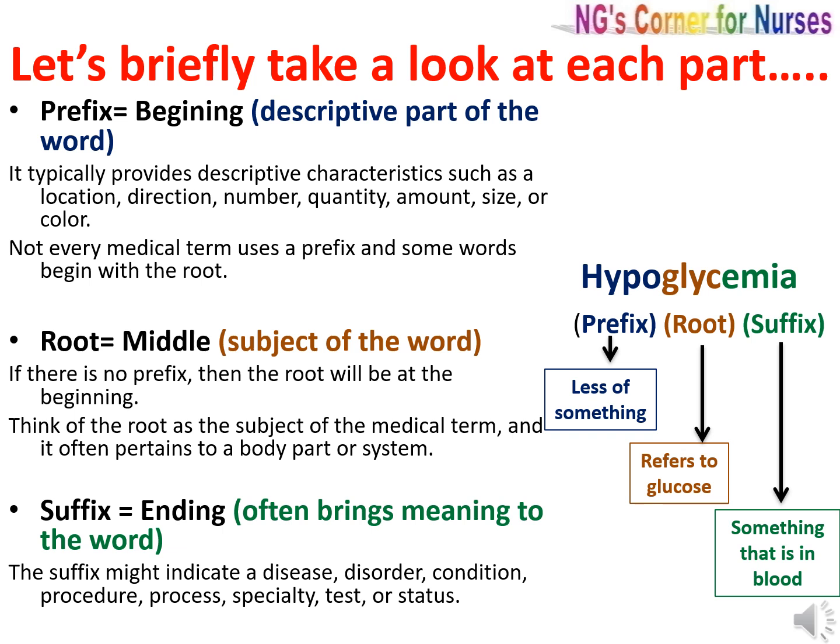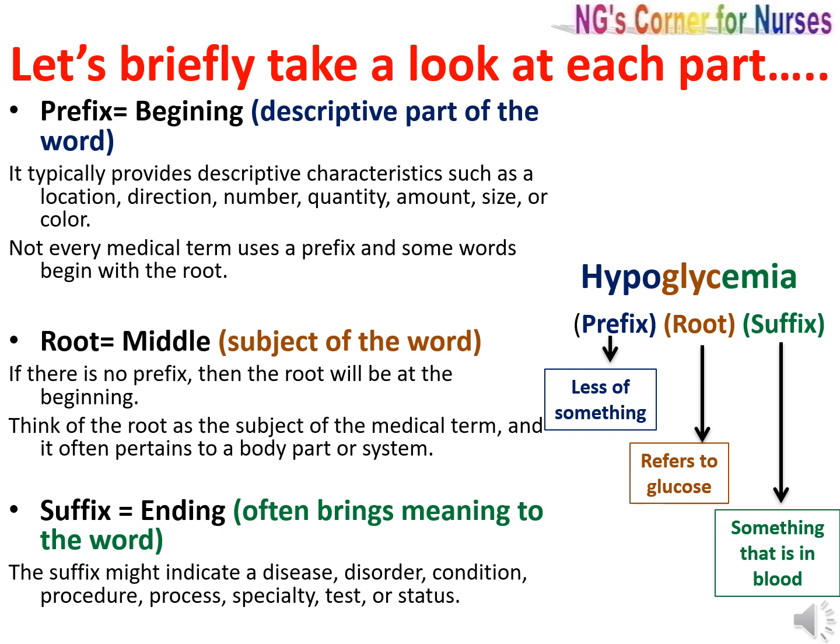The first part is the prefix. It is the beginning part. It is a descriptive part of the word. A prefix is not always present, but when it is, it forms the beginning of the word, and it typically provides descriptive characteristics such as location, direction, number, quantity, amount, size or color.